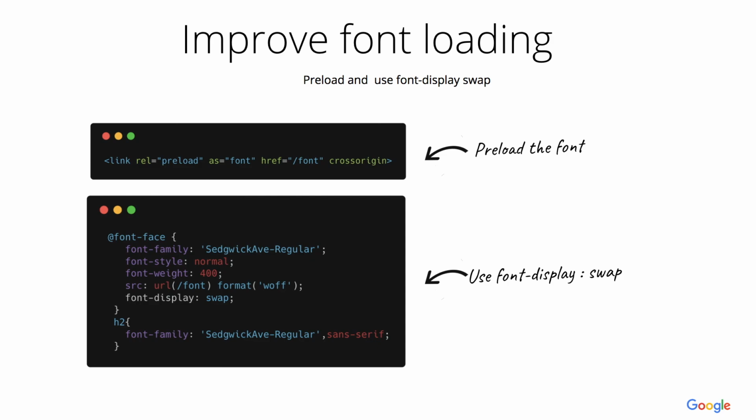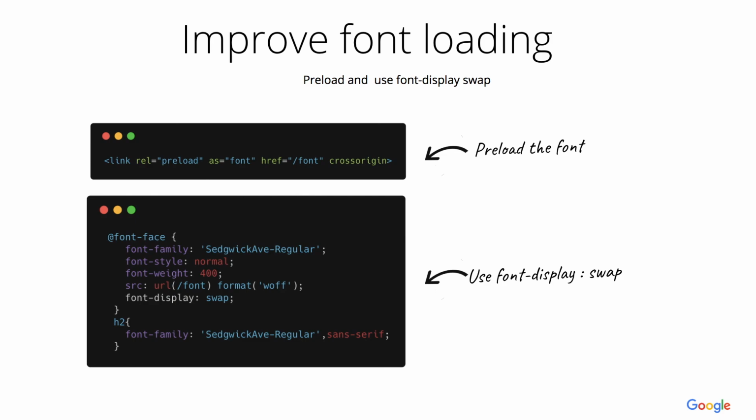After that, you should also use the font-display CSS property. Font-display is a new CSS property to control font loading. With font-display swap, swap is the value that I recommend for this property, but there are other values, so you can have a look online.